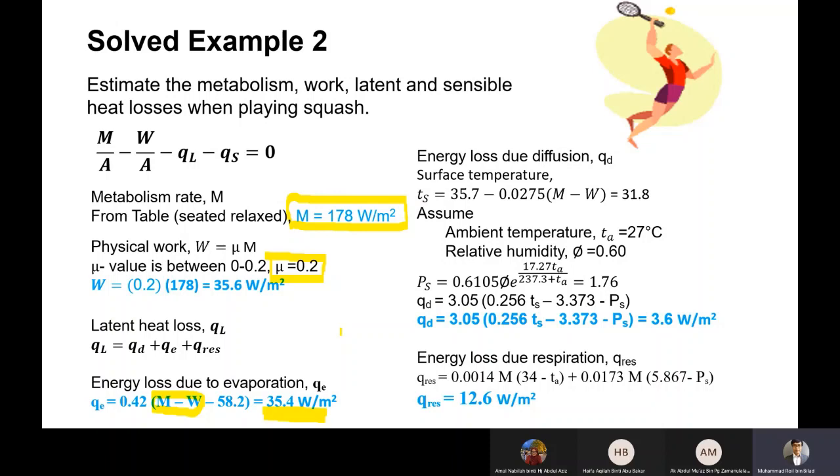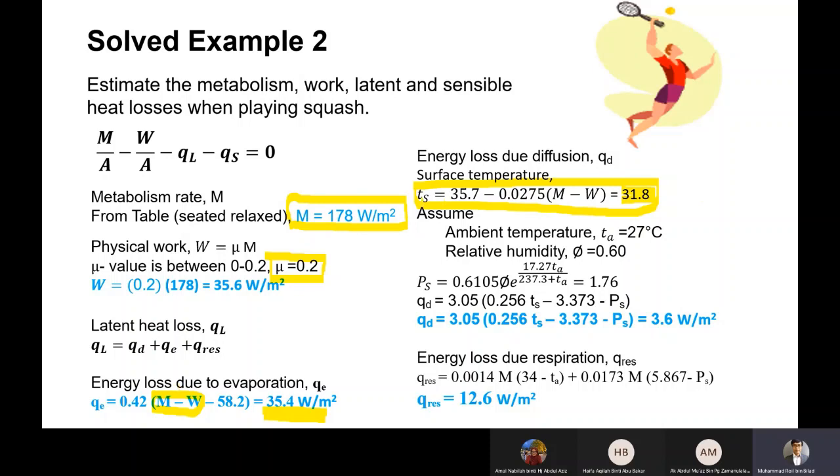Next, the energy loss due to diffusion. Something unique here is T_S, the skin temperature. You notice the skin temperature is low, 31.8. Why? Because a lot of heat is released to the environment by the evaporation of E here.